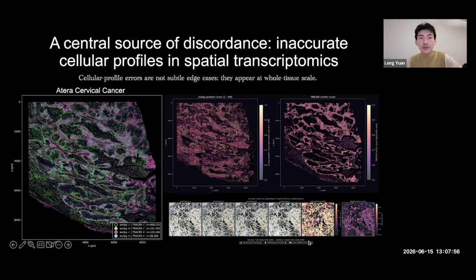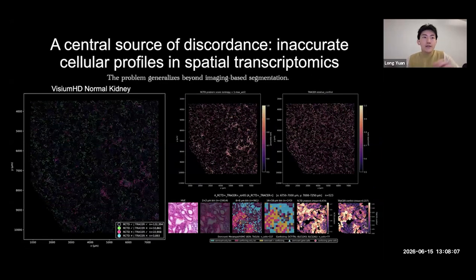Both OverPy and Tracer measure different things, and the fact that they have spatial agreement here tells us this problem is real. And this issue is really not specific to one technology.